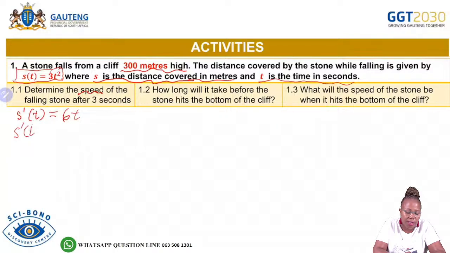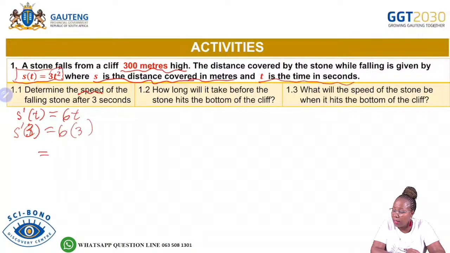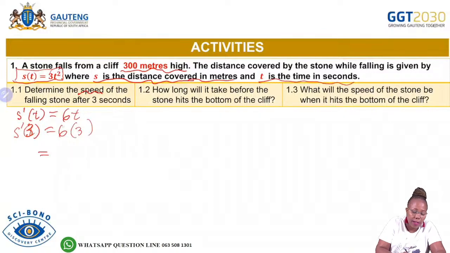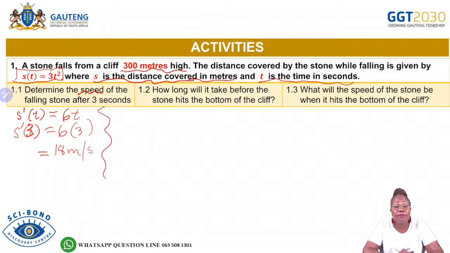This is now speed at 3 seconds. Then it will be 6 into 3. And then what is the speed there? 6 times 3, that will be 18 meters per second. That means the stone will be falling at a speed of 18 meters per second after 3 seconds.